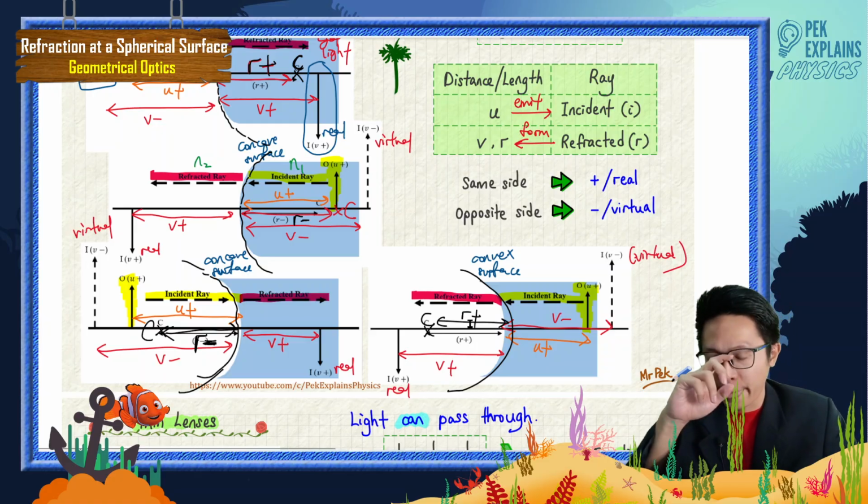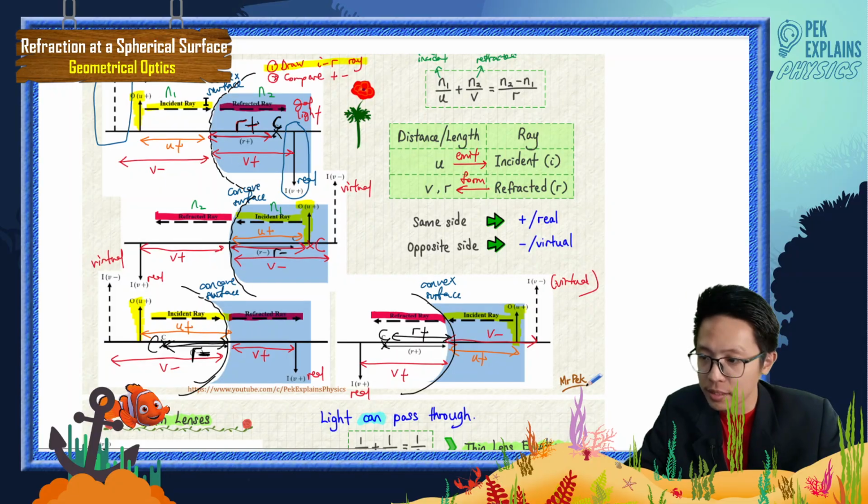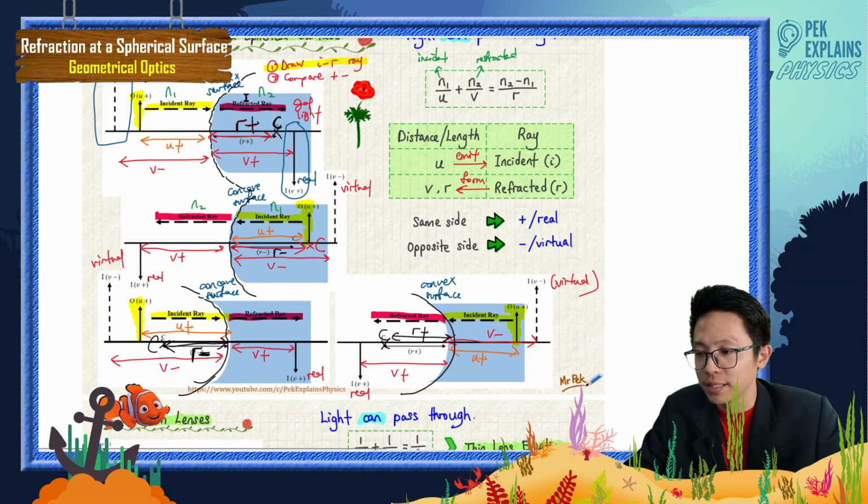Understand or not? That's why some reference books and lecture notes say convex surface R is positive, but concave surface R is negative.